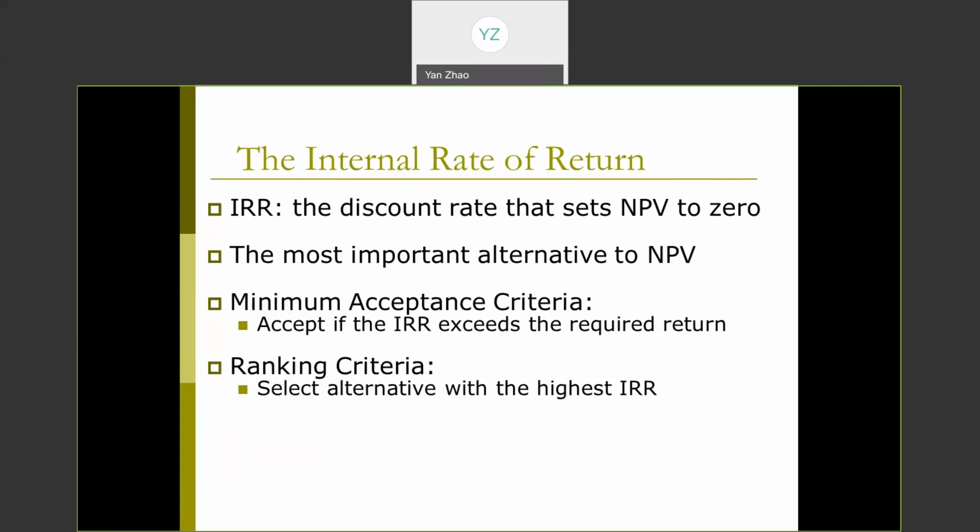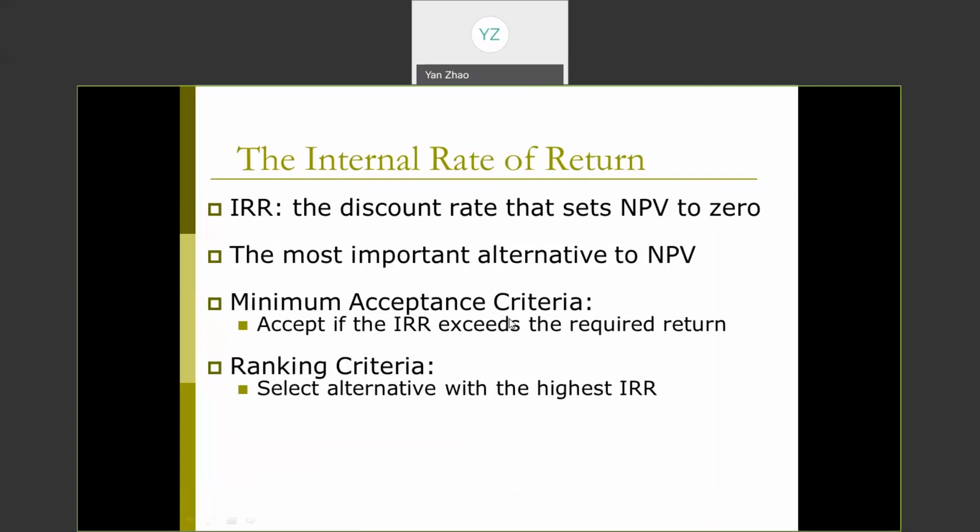Okay, so what is internal rate of return? Internal rate of return is the discount rate that sets the net present value to 0, which is the most important alternative to net present value. It means it's more important than the payback period, more important than the accounting rate of return, more important than the discounted payback period. So how do we use it?